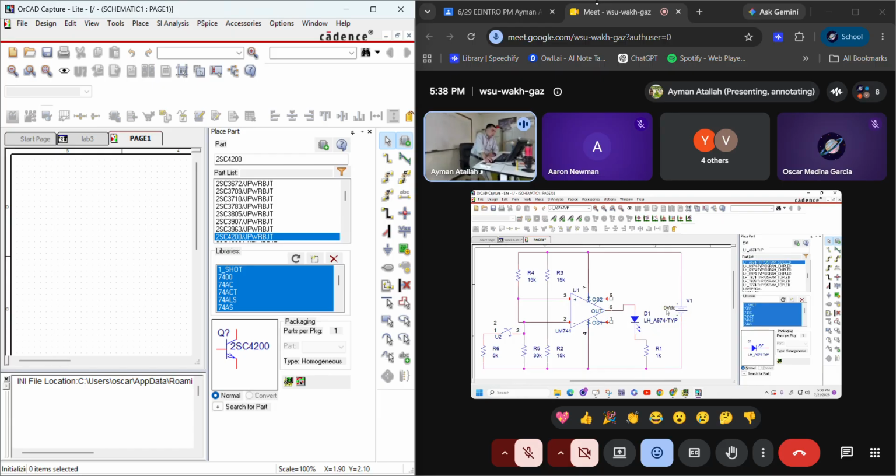I think I am almost ready. I am missing something. Anybody know what I am missing? Ground, yes, ground. I will take this and connect it here.